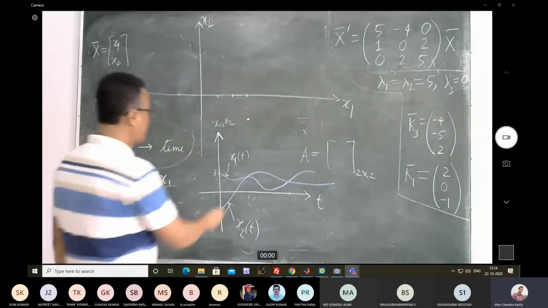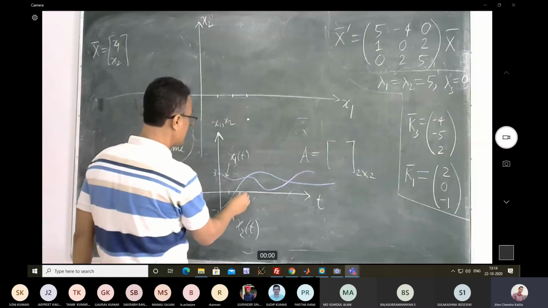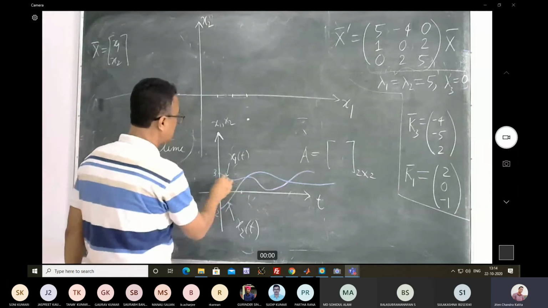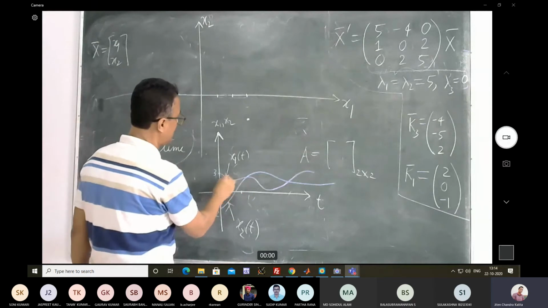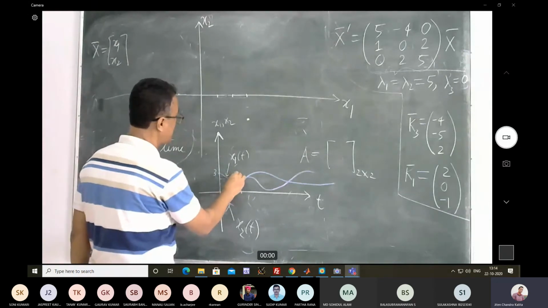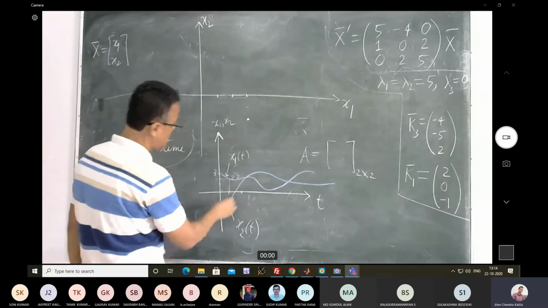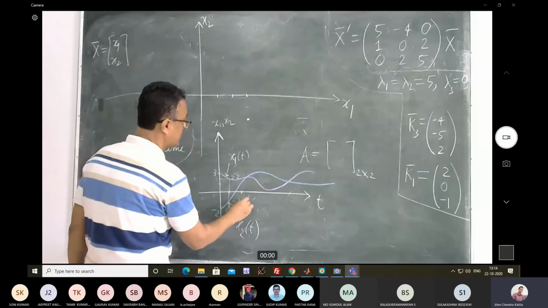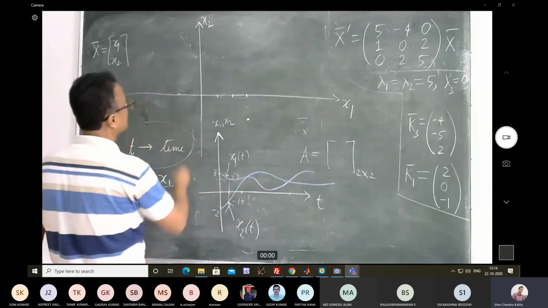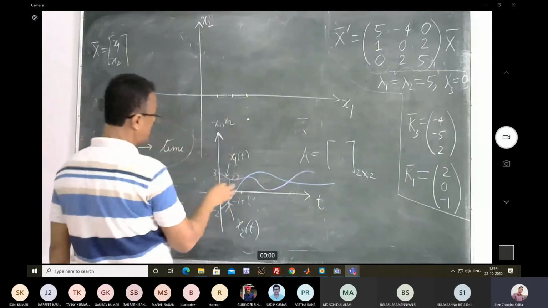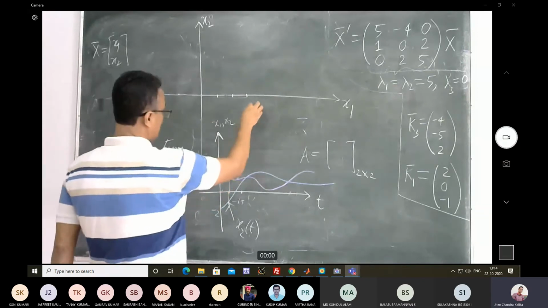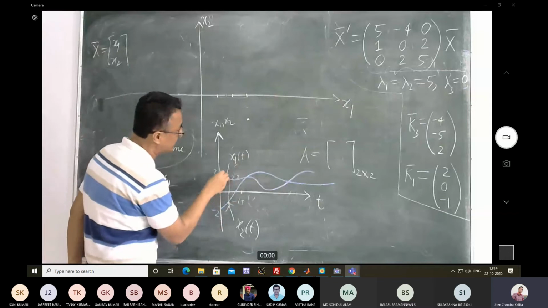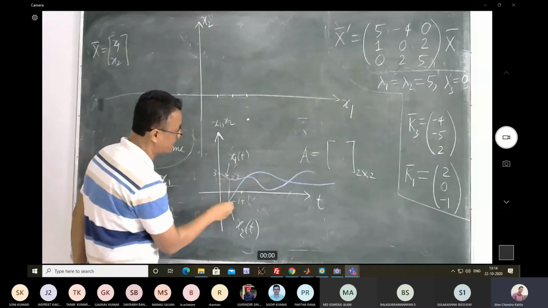Suppose this is 1, this is 2, and this one is maybe 2.2, and this one is -1.5, something like that. Then the next point, obviously, I am going to take this one and this one, and so on.